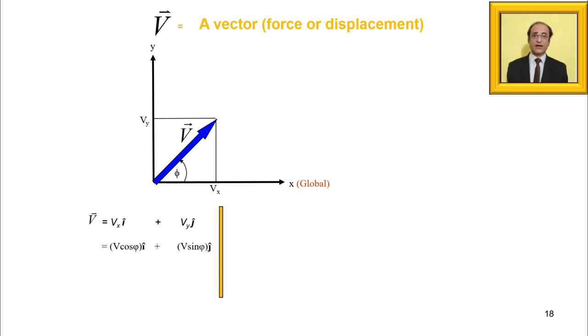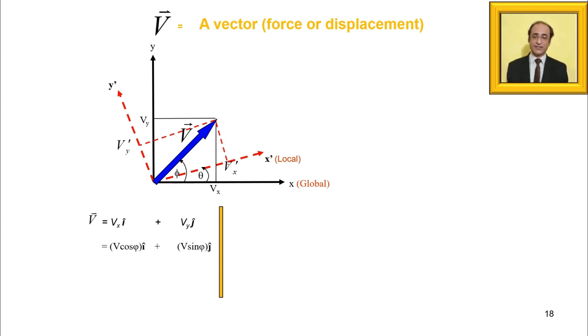Now if we define another coordinate system which is inclined at an angle theta. So theta is the angle of the local coordinate system with respect to the global coordinate system, and theta could be positive or negative according to our sign convention. Anti-clockwise we assume positive. So theta is positive when it's anti-clockwise.